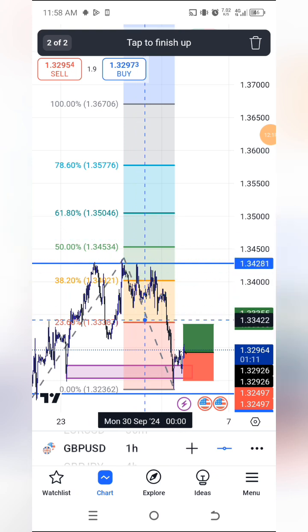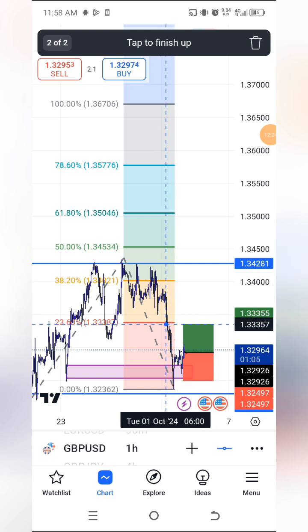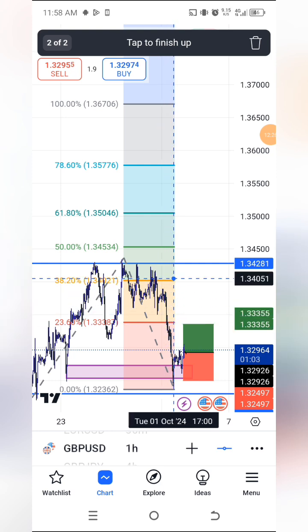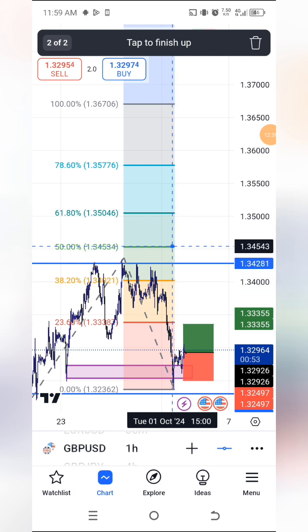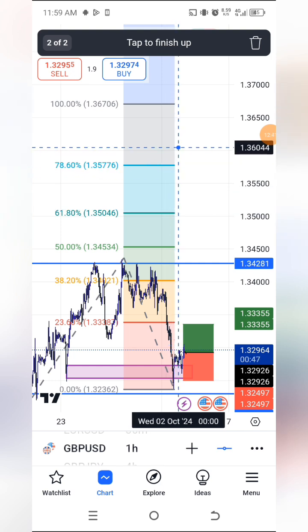All these are potential targets, this red one, and then we have this orange one, the 23.6%, then could be our TP1, take profit one, and then 38.2% could be our TP2, and then 50% will be our TP3, TP4, like that, depending on how the market conditions will be ahead.